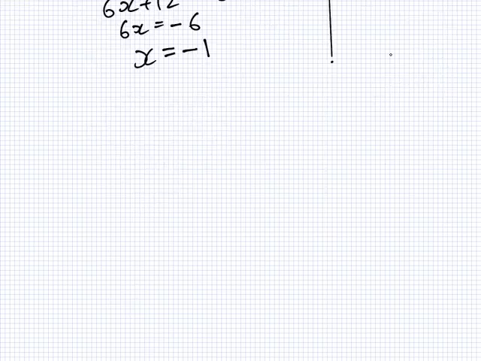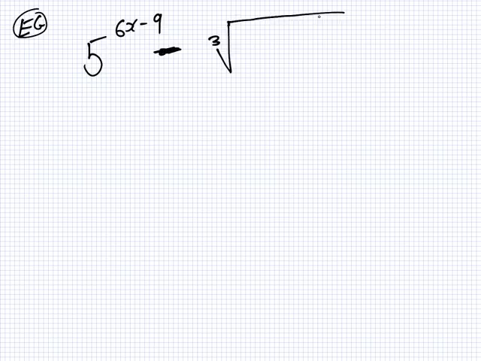Next example, we'll make it a little bit harder now. 5 power 6x minus 9 minus cube root 125 power 5x minus 5 equals 0. Okay. First, I'll let you write it down first.